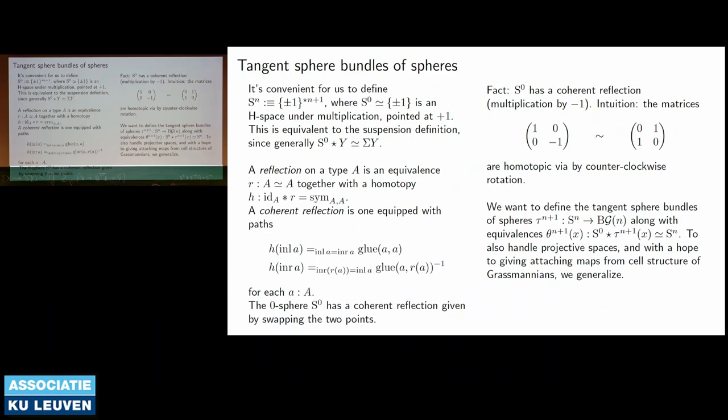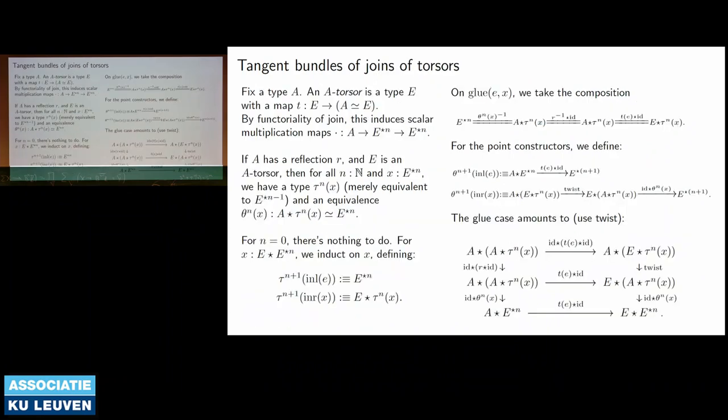Okay, so we define both of these by induction, and because we also want to do tangents on projective space, and we're actually hoping to have the attaching maps of some Grassmannians, we're generalizing this a bit. So here's the definition. We say an A-torsor for any type A is just a type with a map like this.